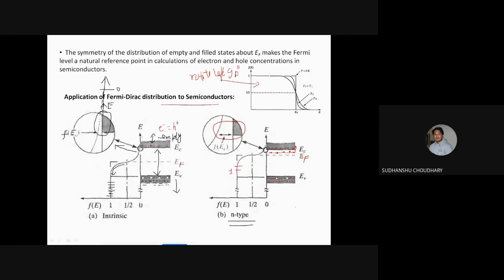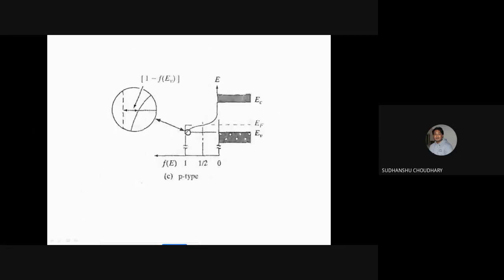Now a similar concept can be applied to a p-type semiconductor also. So for a p-type semiconductor, the Fermi level is close to the valence band. Now, we understand a p-type semiconductor is obtained by doping the semiconductor with acceptor impurity, which creates an acceptor energy level near the valence band.